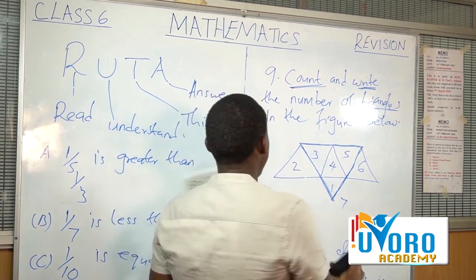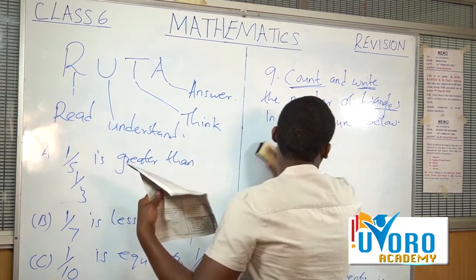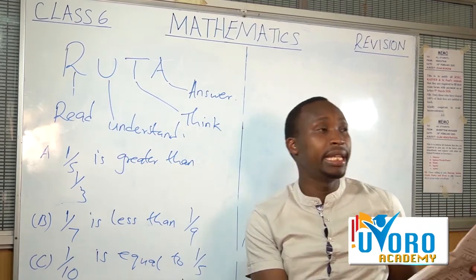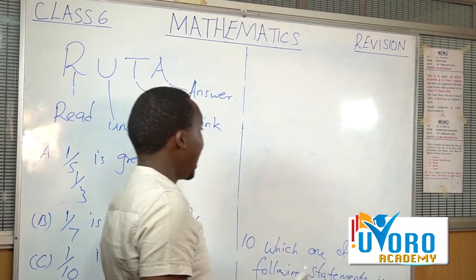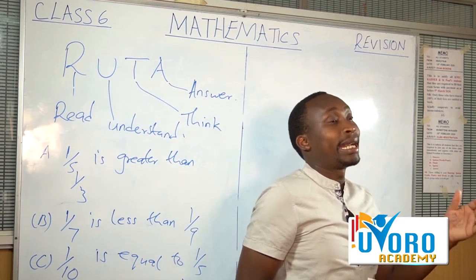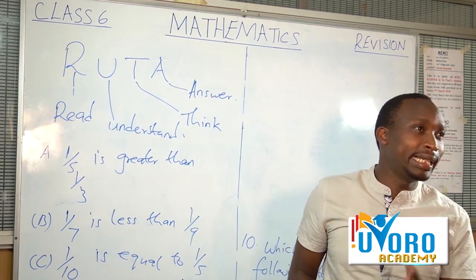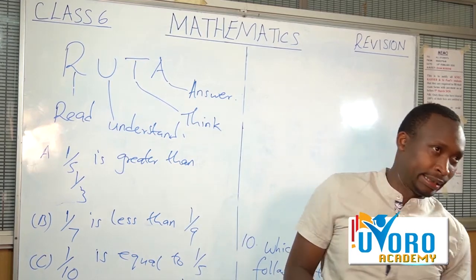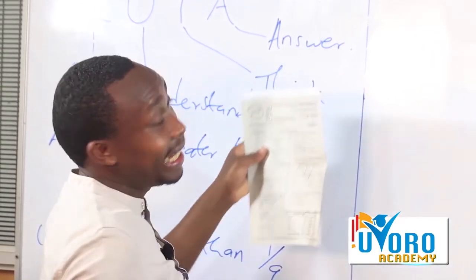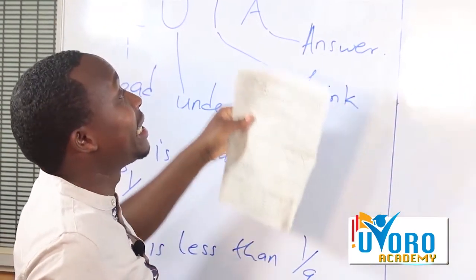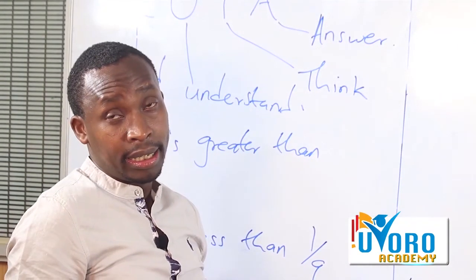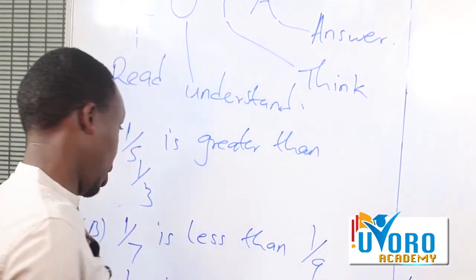Now, as you can remember, when we were in class 5, we learned about arranging fractions from descending to ascending or ascending to descending. Now, for our case here, we'll first arrange the biggest one to the smallest one.